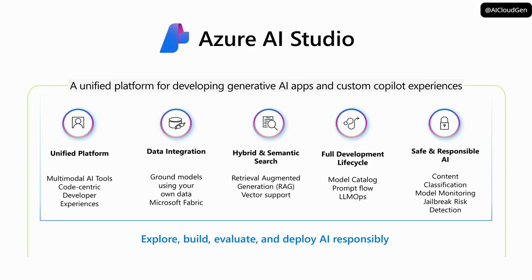You can apply retrieval augmented generation, and it provides vector support. It provides the full development life cycle: you have the model catalog, the prompt flow tool, and LLMOps is also available for you to practice. Last but not least, safe and responsible AI principles are incorporated, such as content classification, model monitoring, and jailbreak risk detection. These are some of the capabilities and tools available within Azure AI Studio.